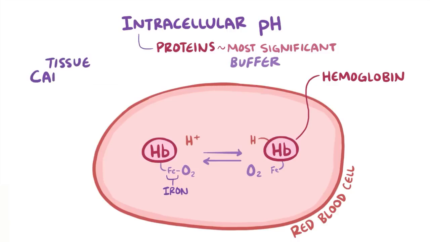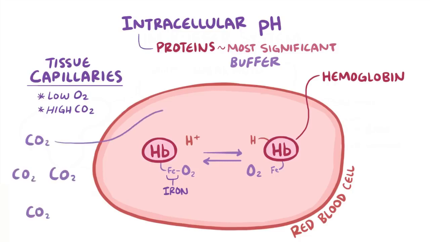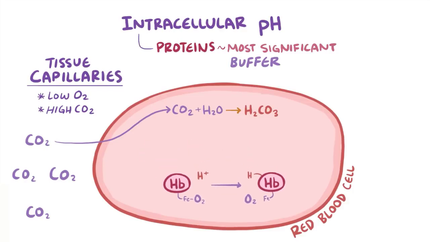So when red blood cells are in the capillaries of various tissues, the oxygen levels are low and the carbon dioxide levels are high. In this case, carbon dioxide diffuses into red blood cells, where carbonic anhydrase enzyme combines water and carbon dioxide to form carbonic acid, which then dissociates to hydrogen ion and bicarbonate.